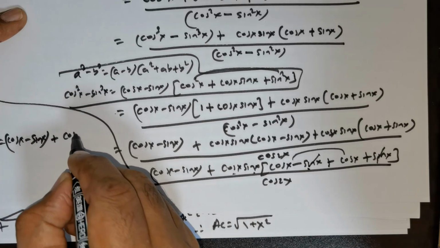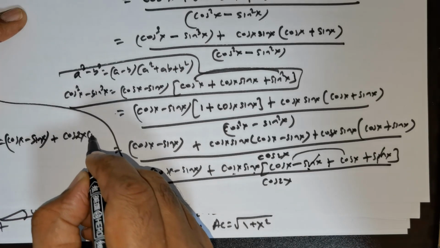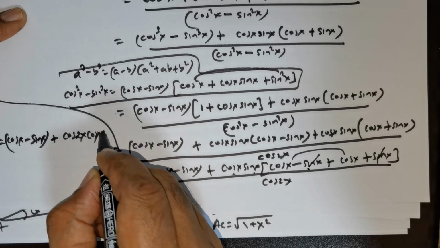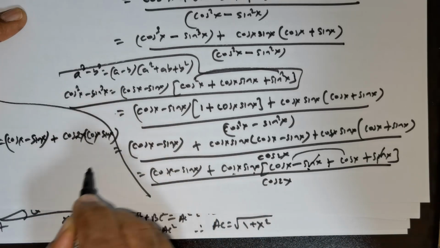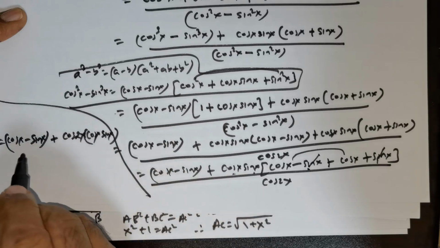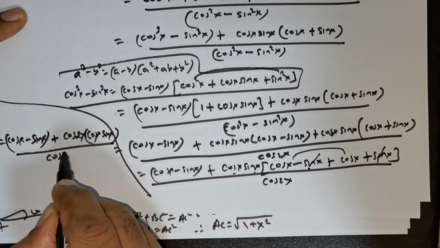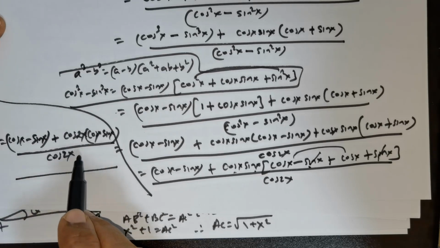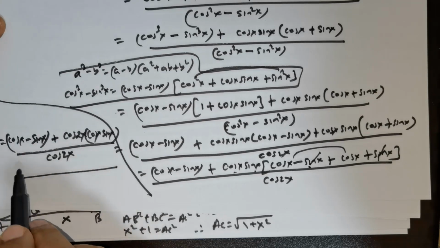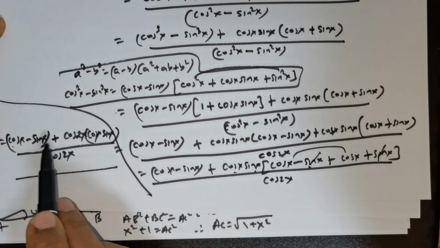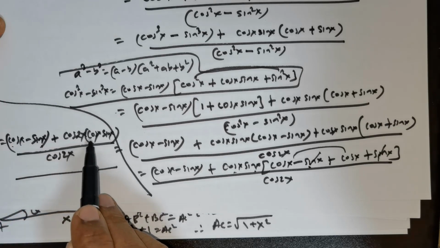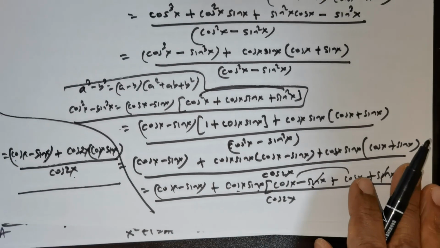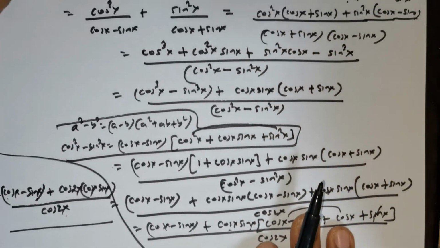So I'm going to write it like this, cos 2x times cos x sin x, divided by cos 2x. So this is the final result that we have got, cos x minus sin x plus cos 2x times cos x sin x divided by cos 2x.